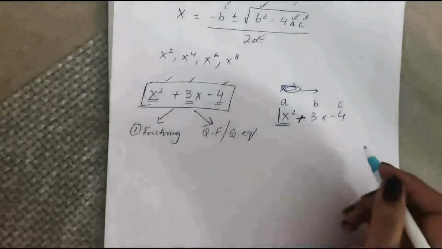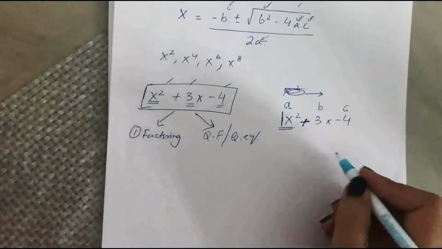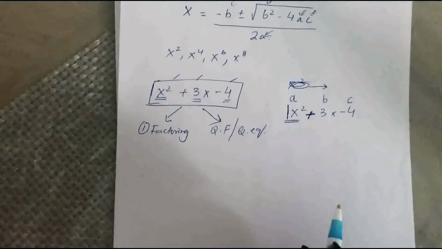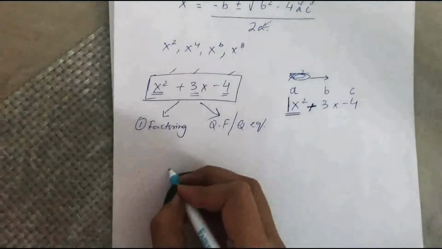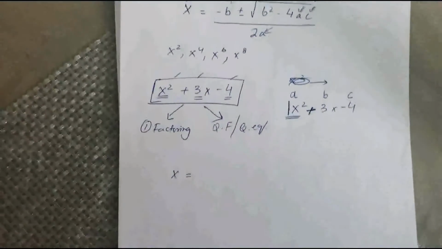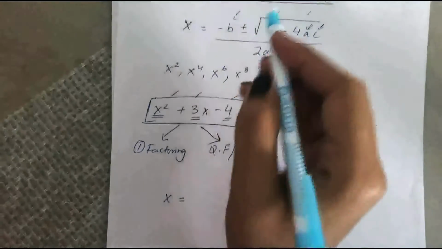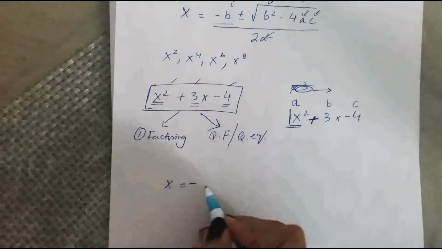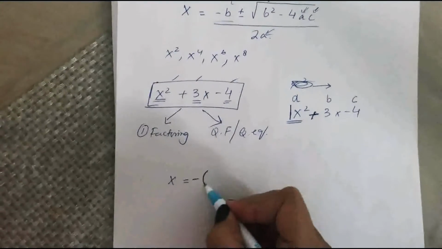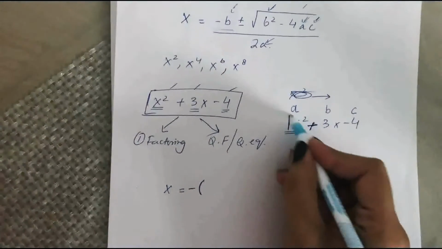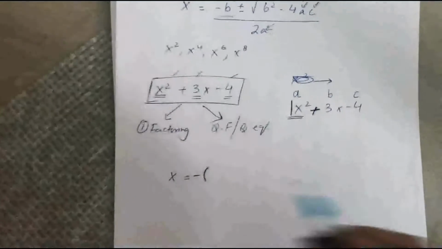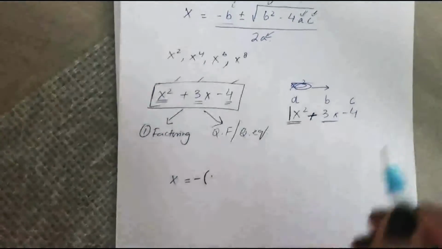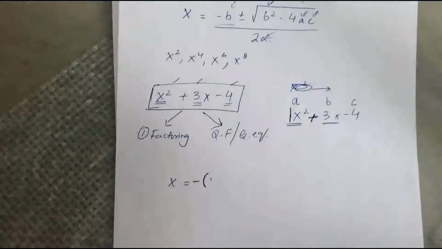So when you plug this equation into the quadratic formula, let's do this. x equals, since we have a negative sign in front, we always try to have this negative and put parentheses around whatever the coefficient in front of x is. The sign in front of 3 is positive, that's okay.